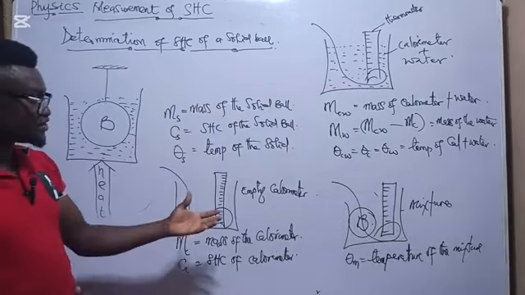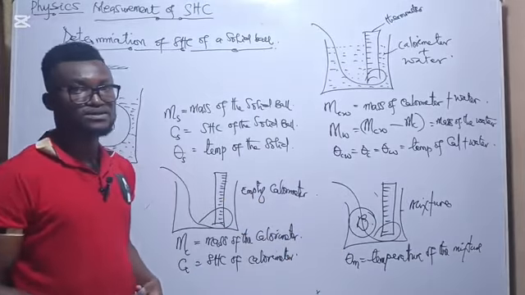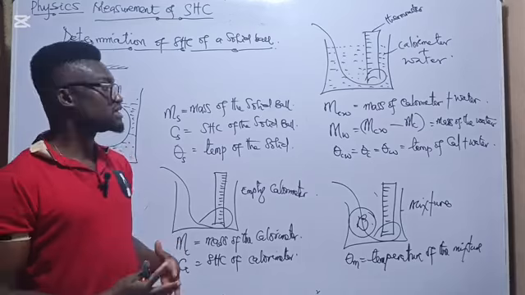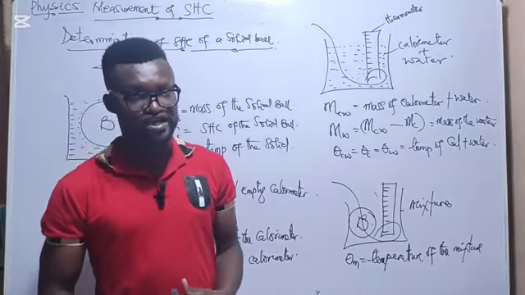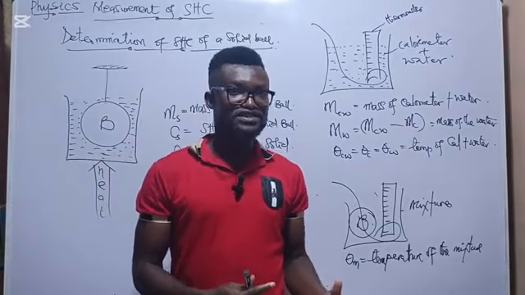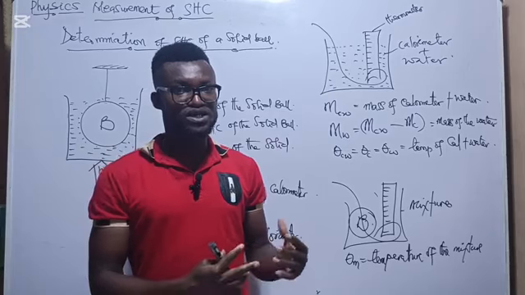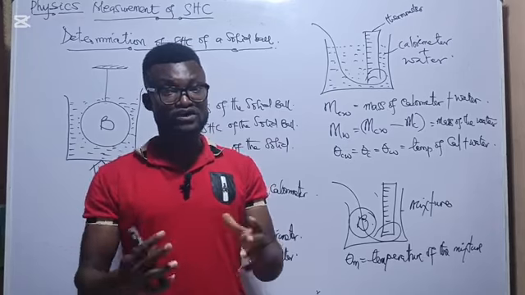Now, having got the temperature of the mixture, we can do some calculations, observing the conservation of energy, where it is said that energy can never be lost or gained in an enclosed system.